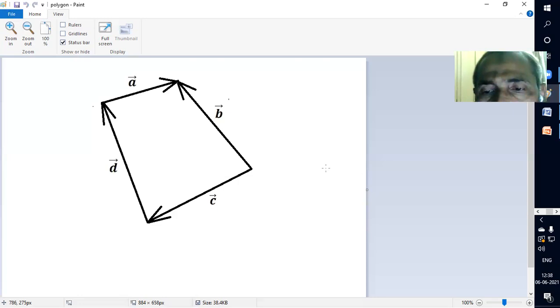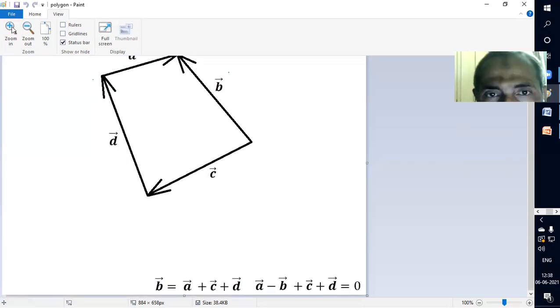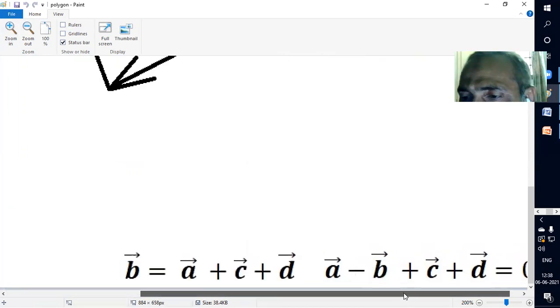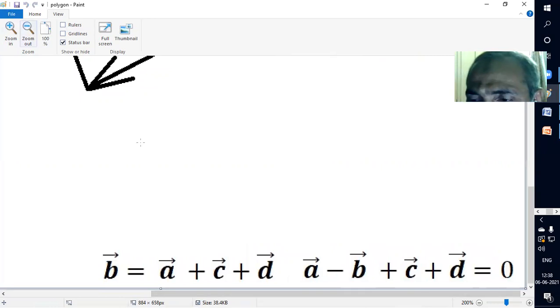See here, this is the equation you can write. Vector B is equal to vector A plus vector C plus D. And the same equation can again be rechanged like this. Let me write here.